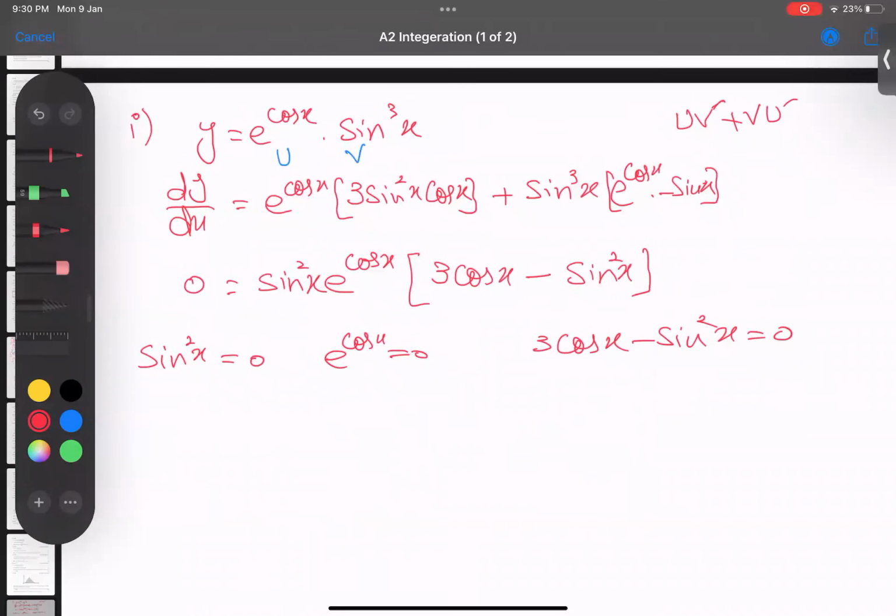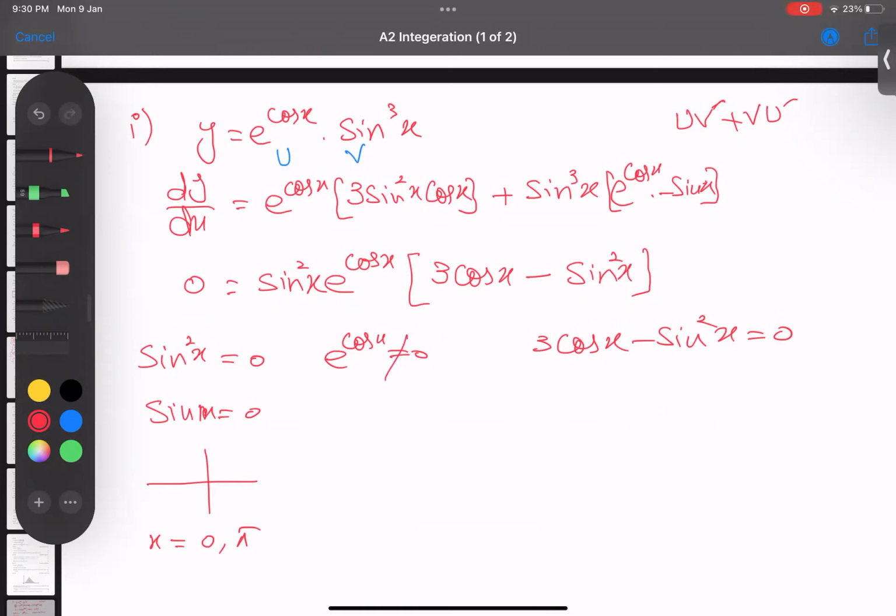If I take the root of both sides, sine x is equal to 0. Sine 0 is along the x-axis, so x becomes 0 and pi, and both are out of range. Here, if I bring the power down and take a log of both sides, log of 0 is a math error, so it is impossible to solve.